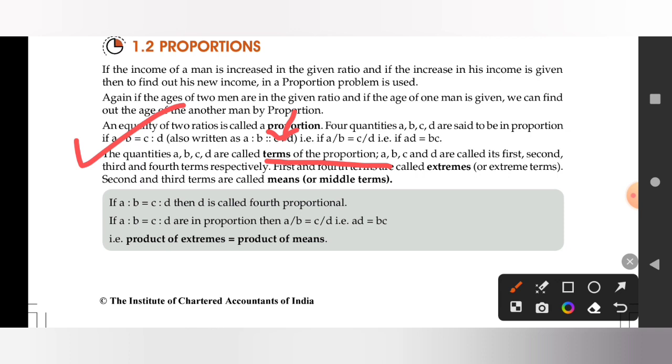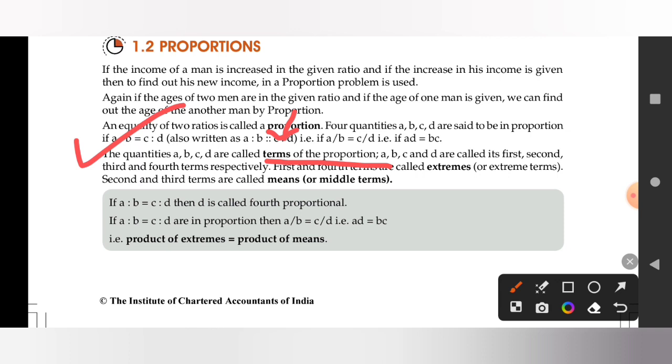Both the terms had some name given to them in ratios. If you have locked in your answer, I will tell you that the first term was called antecedent and the second term was called consequent.